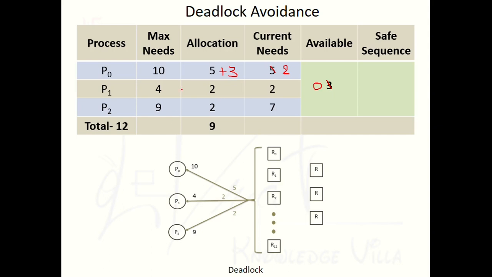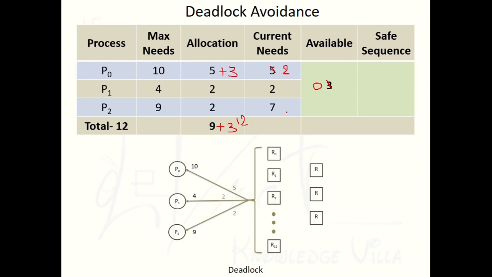Because in total we have allocated all 12 resources, 9 earlier plus 3 now, there are no resources remaining to allocate. So it is not possible to complete any process. So the system may lead to a deadlock.